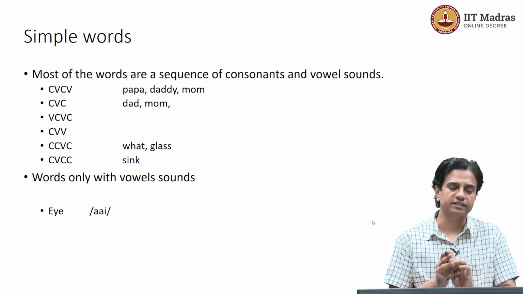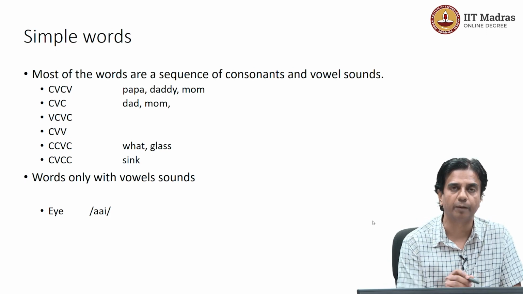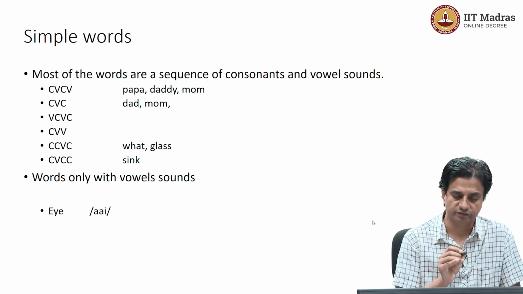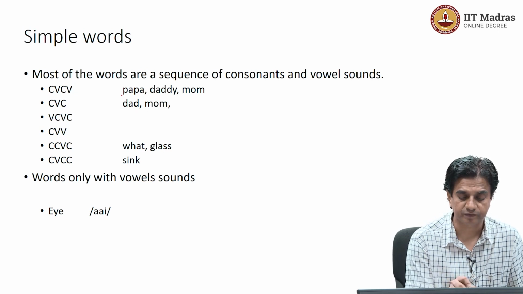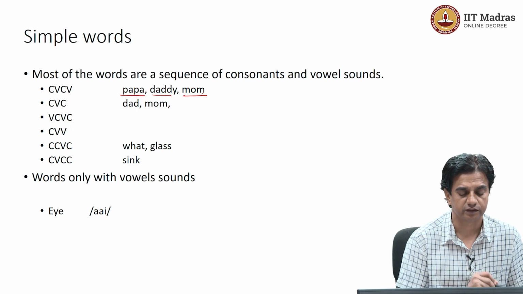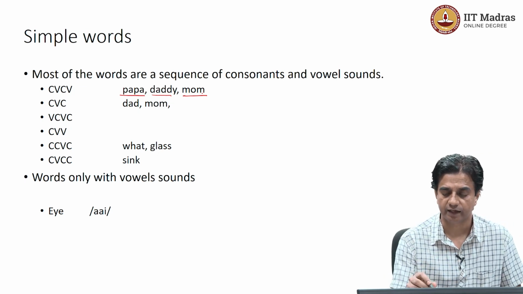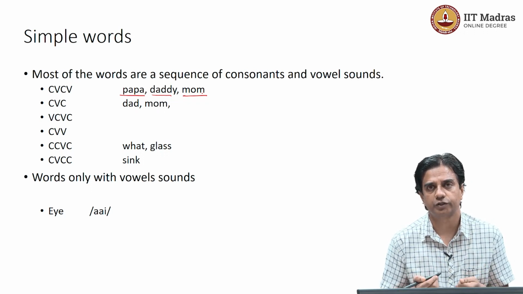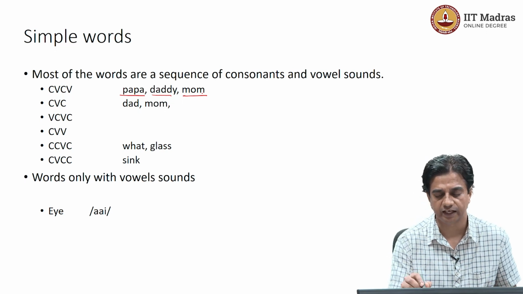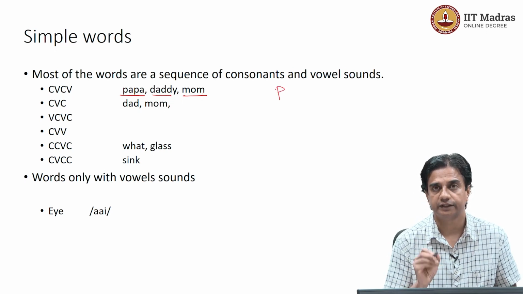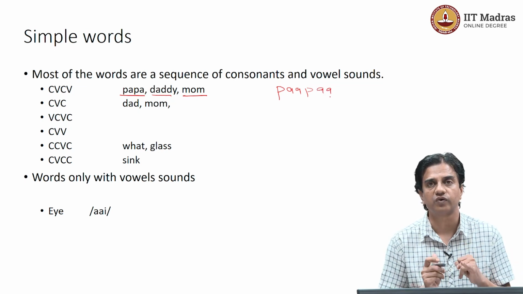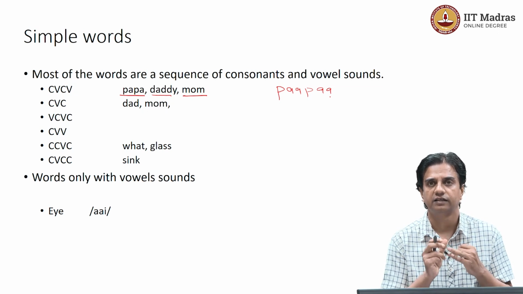We start with a very simple word like papa, daddy, mom. Just say the word papa to yourself. When we say it, we hear a sound pa, then a sound a, then another sound pa, and then another sound a. So there are four sounds in this word: pa, a, pa, a.